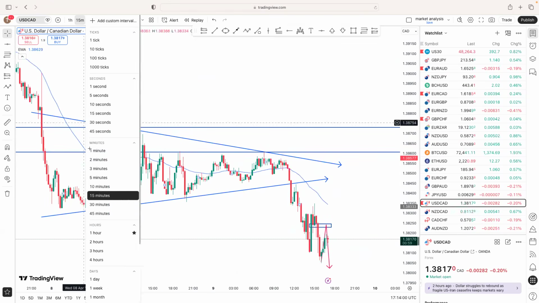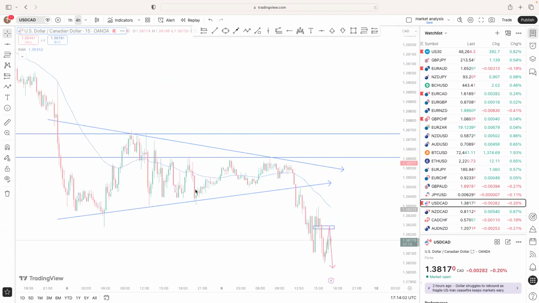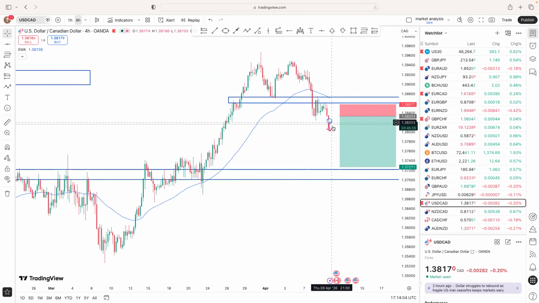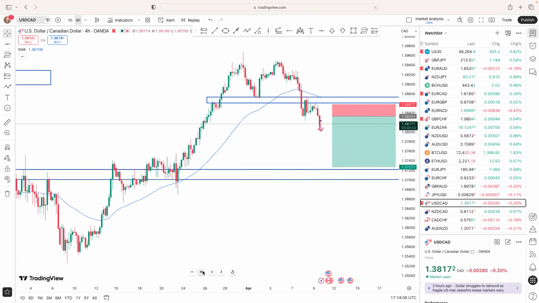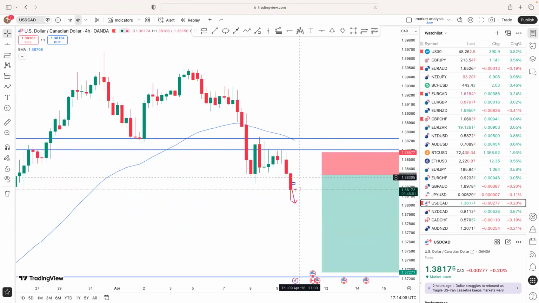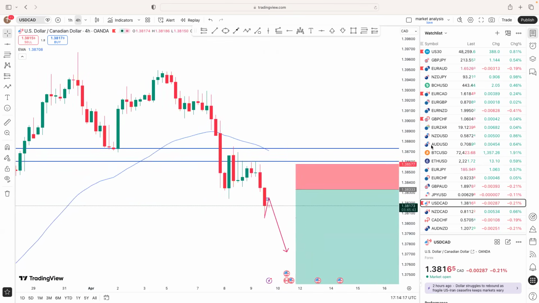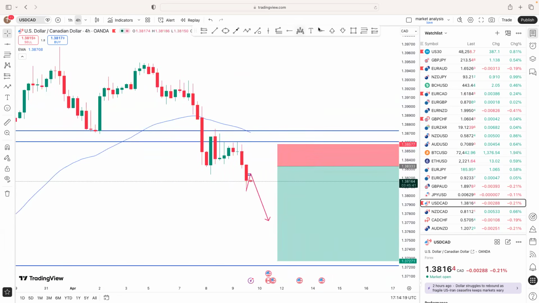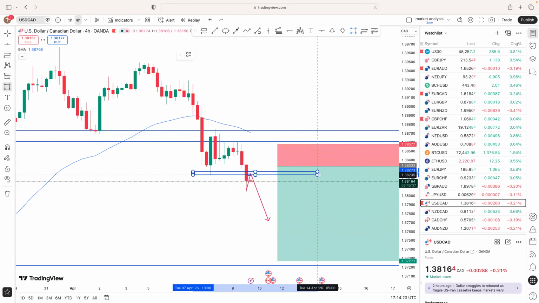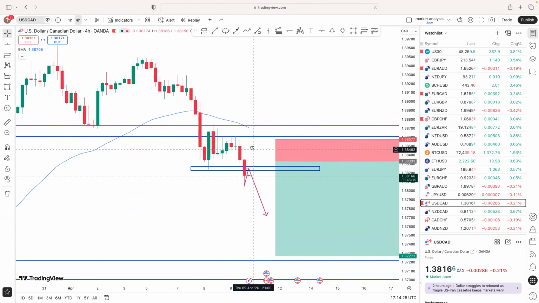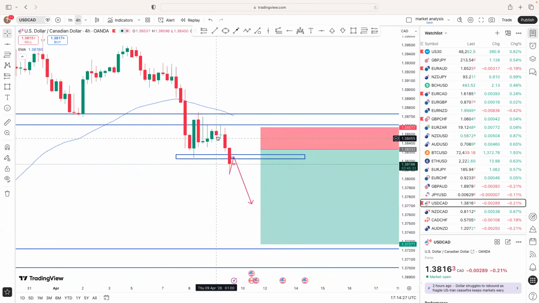Okay, cool. Let's go back into H4. Okay, so H4 says this is the zone right here. Okay, I see. So this is the previous rejection, so we can use that particular area.